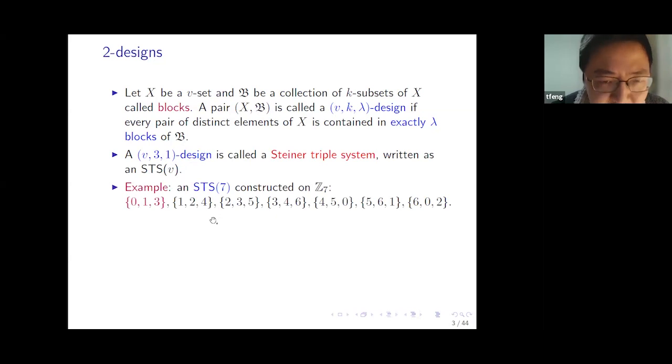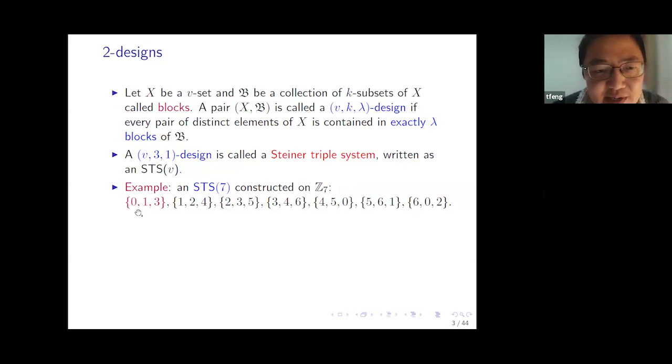A typical example is the famous Fano plane, or we call it the Steiner triple system of order 7. It is constructed on the cyclic group of order 7. Of course, we can construct a Steiner triple system of order 7 on any set consisting of 7 elements, but here we hope this example can have an additional algebraic structure.